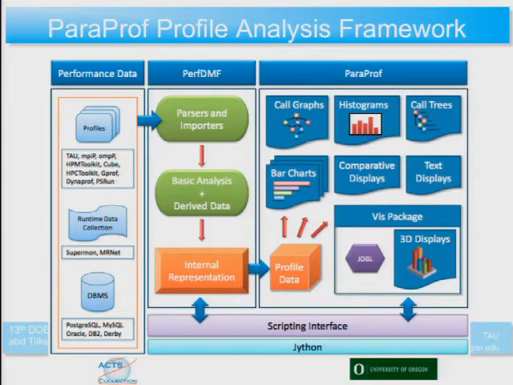This is the overview of ParaProf. It has many different types of displays, like histograms, like call trees, bar charts, and even a 3D display using Java OpenGL. So you can launch this to look at the performance data, and you can look at the database. And we have support for many different types of databases, including MySQL, Derby, the Apache H2, and Oracle and DB2.